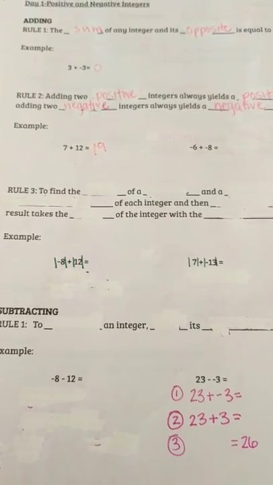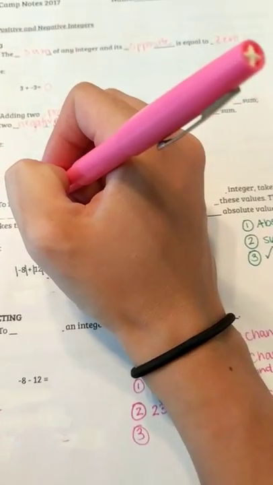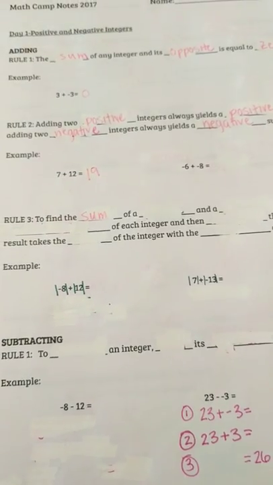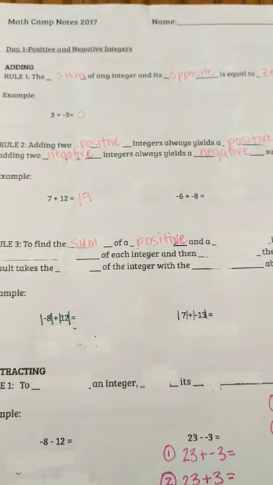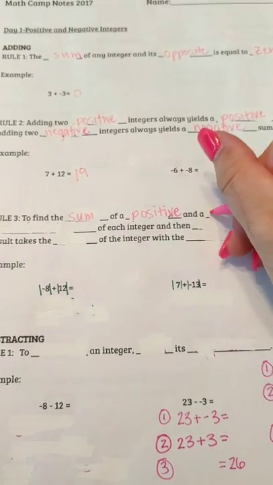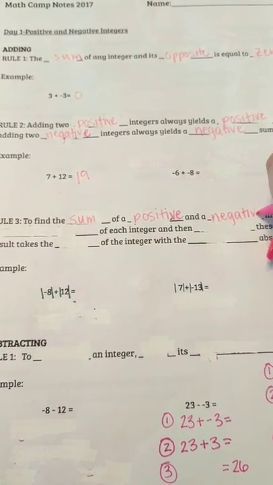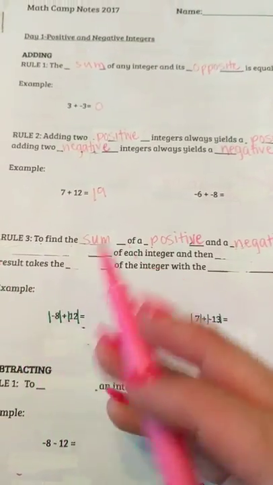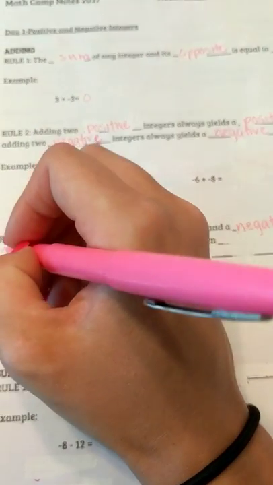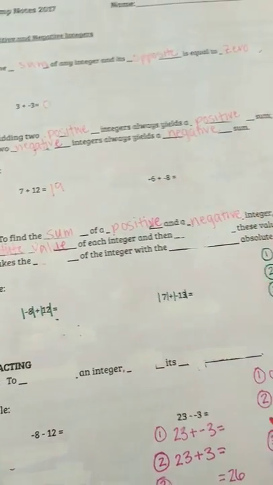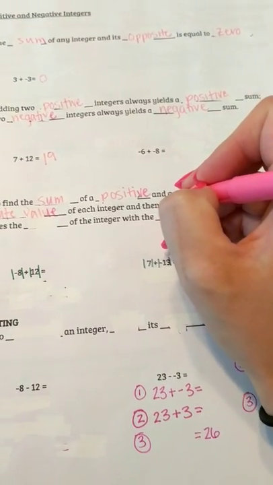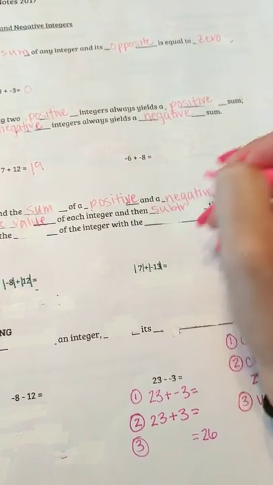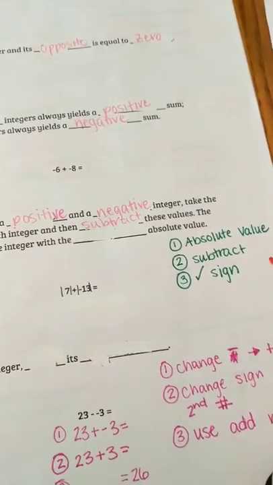Okay, rule number 3. To find the sum of a positive and a negative integer, take the absolute value of each integer, then subtract these values.